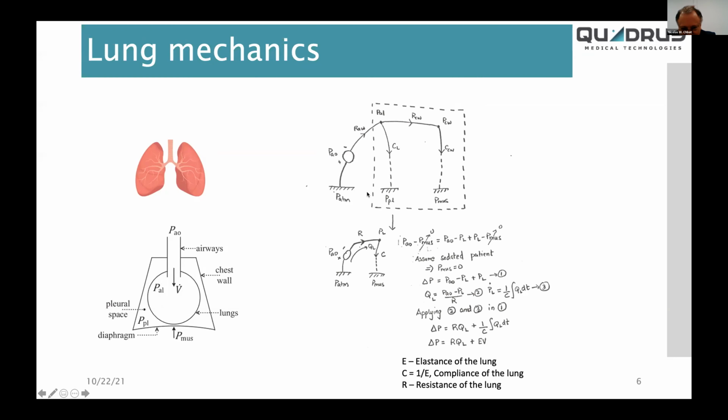Here, we derive the equation of motion of the lung, which is delta P equal to resistance times flow through and out of the lung, plus elastance times the tidal volume, by using the Kirchhoff voltage law on this simple linear graph circuit. For our experiments, and for the rest of this presentation, we assume that the patient is sedated, so the muscle pressure is 0.